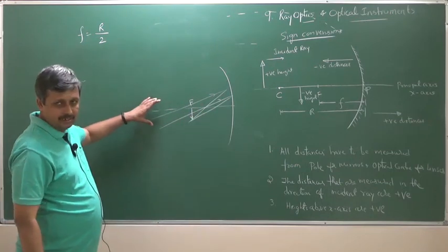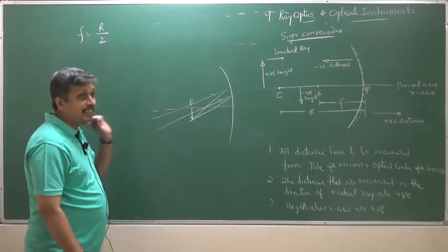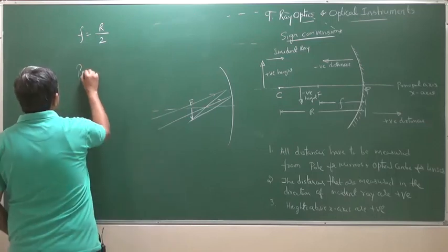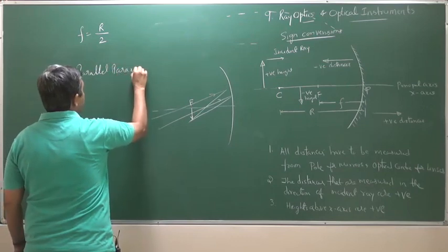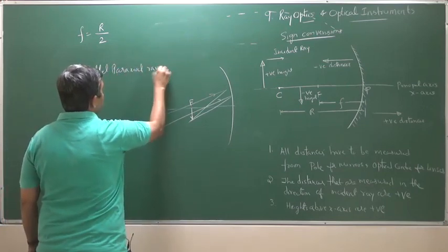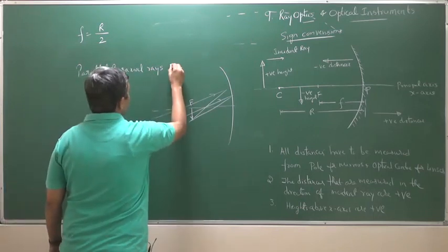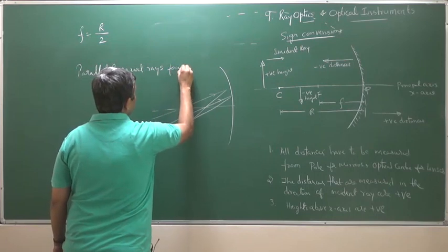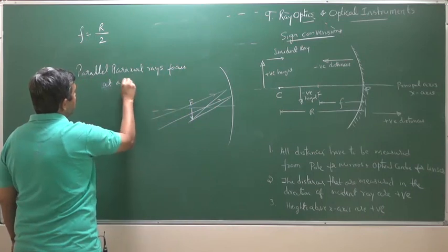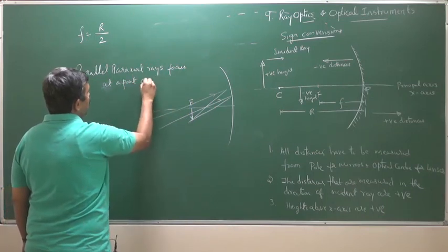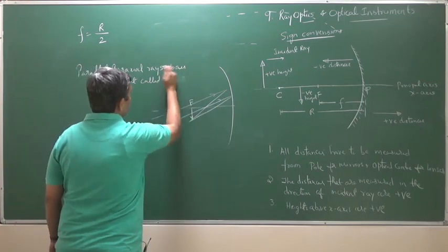They can be parallel. Yeah, they can be parallel. What we are talking about is parallel paraxial rays. Parallel paraxial rays form or focus at a point called the focal point or principal focus.